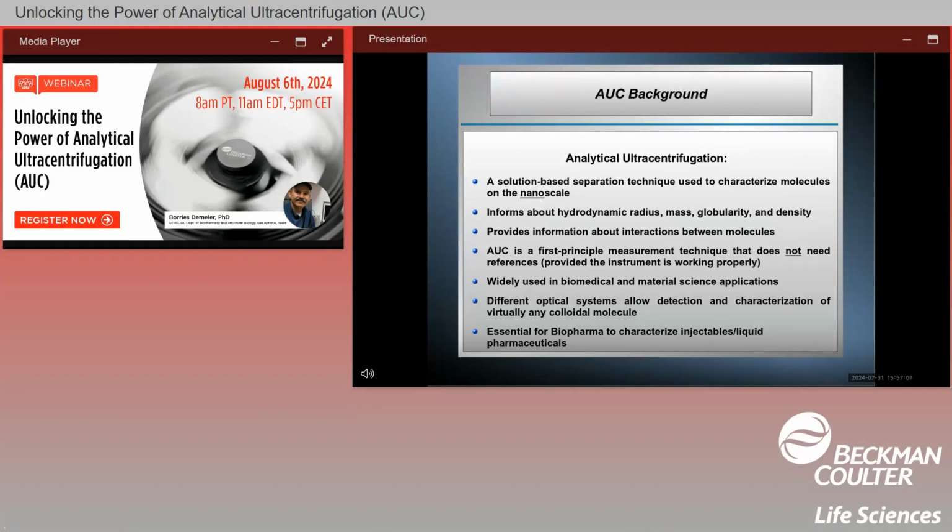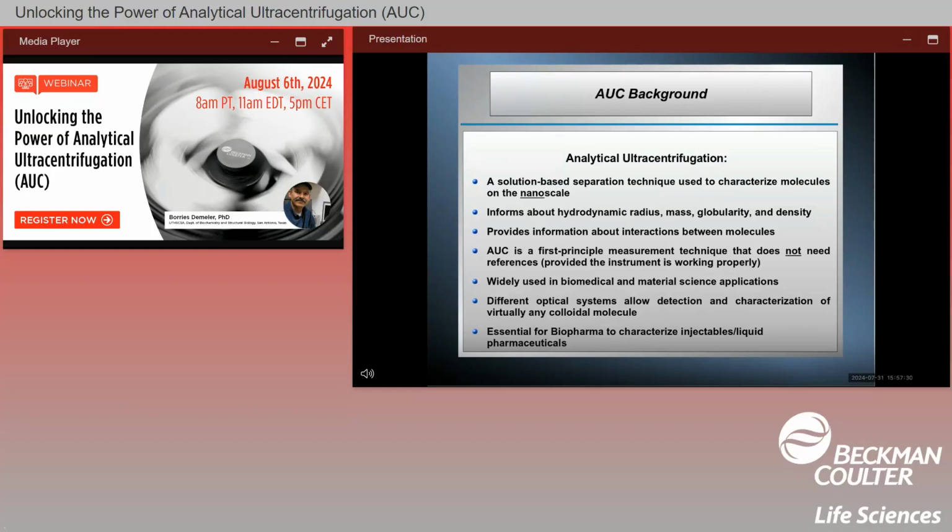The metrics from analytical ultracentrifugation come from the observables that we can model precisely with mathematical models and retrieve those molecular parameters such as sedimentation and diffusion and partial concentration directly from the instrument. So we do not need any references.